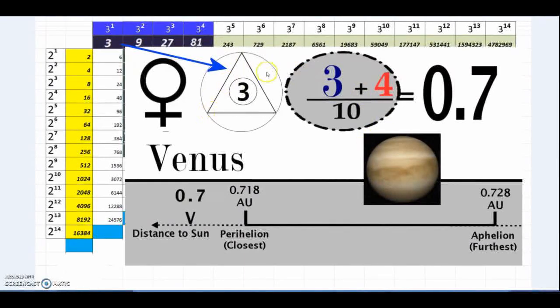So, beginning with geometry, the first polygon, or the first shape we have, is the three-sided triangle, 3. The golden rule of Bode's law is plus 4 over 10. 3 plus 4 over 10 is 0.7. Bode's law would say that this is where Venus should be, and Venus is just outside of where Bode's law says it will be.